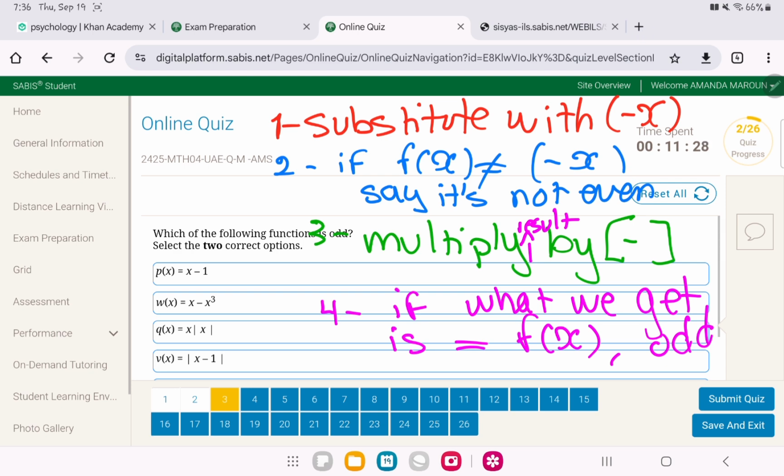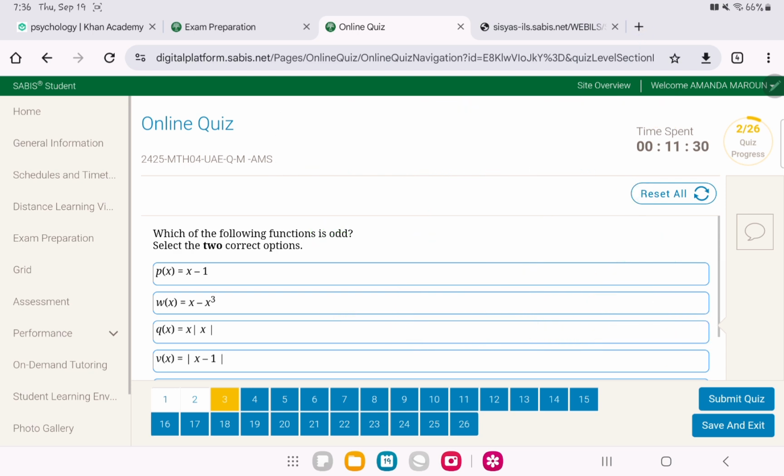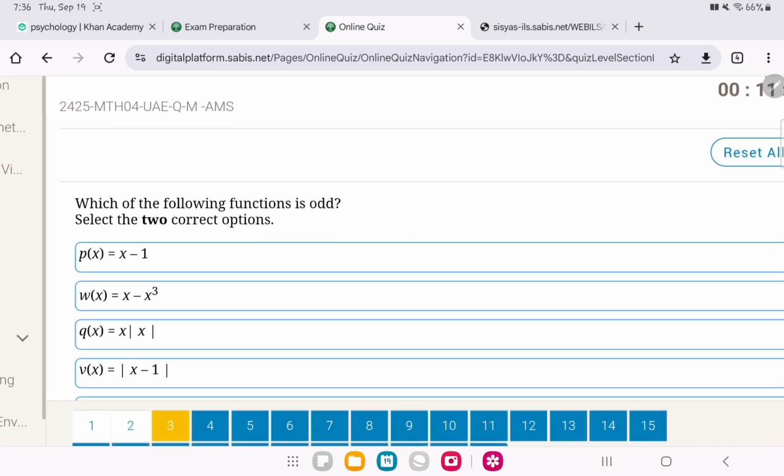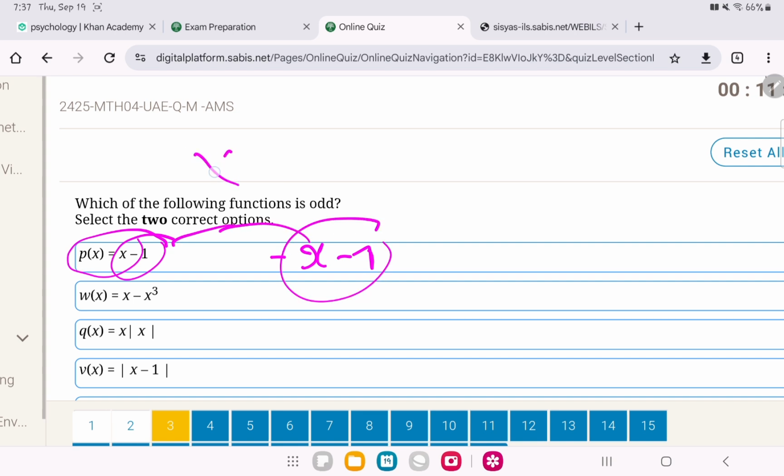I think we can better understand if we did some examples. For example, the first one, we have p(x) equals x minus 1, okay? If we substitute the x with minus x, we are going to get minus x minus 1. Definitely, these two are not the same, so we know it's not even.